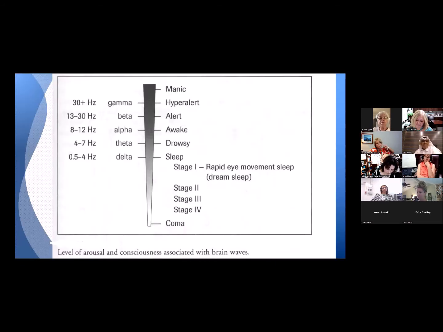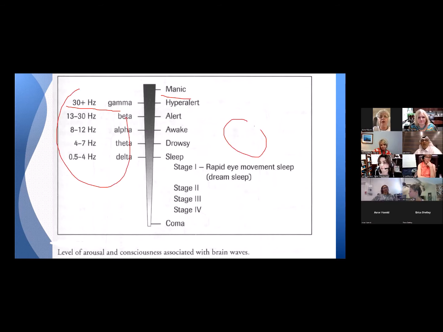Now, these are the levels of our conscious level. So we're talking about gamma, the highest level, and we can see it in the physiology, and this is the psychology of our awareness. In gamma, it's the highest level, so we are hyper alert or in a manic level, and when we are in delta, we are sleeping.